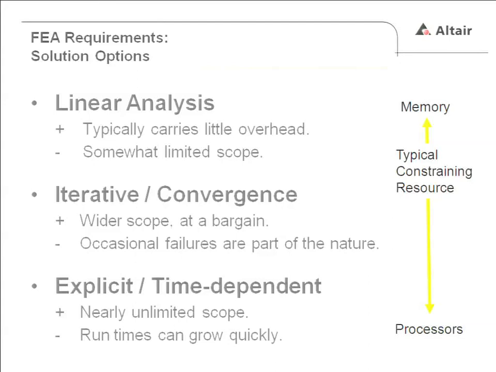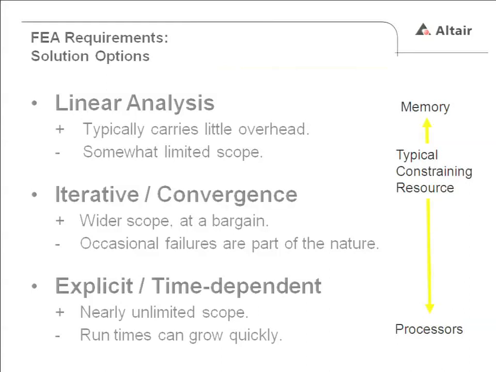And typically with a linear analysis, the core of the code will rely around inverting a giant matrix. And if that matrix can all be in core, so to speak, it's done very quickly. But if it's got to be written to disk, then you're in deep water because it's going to take a lot longer.